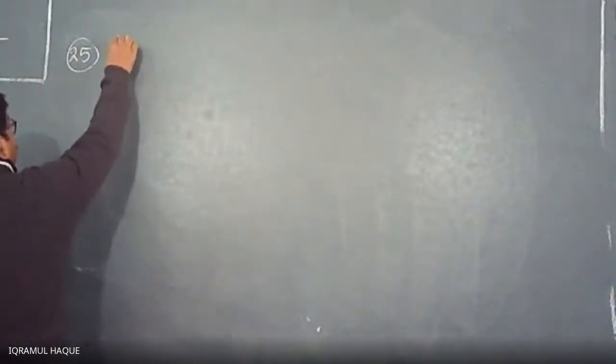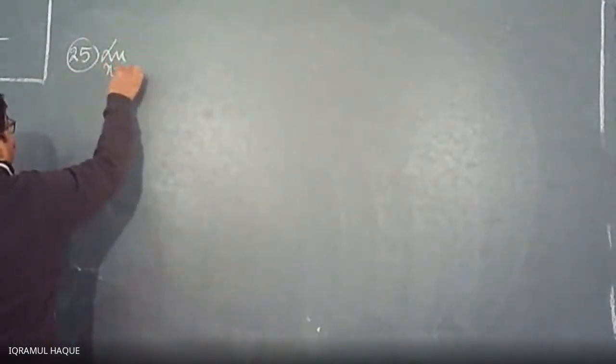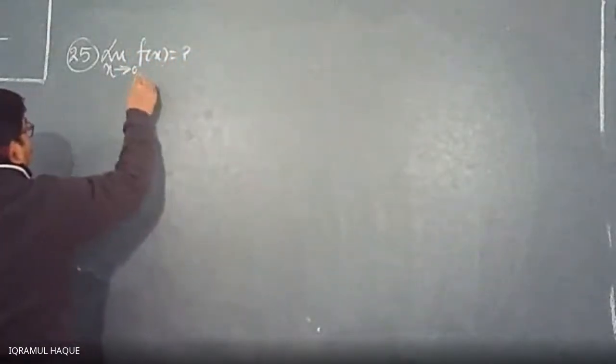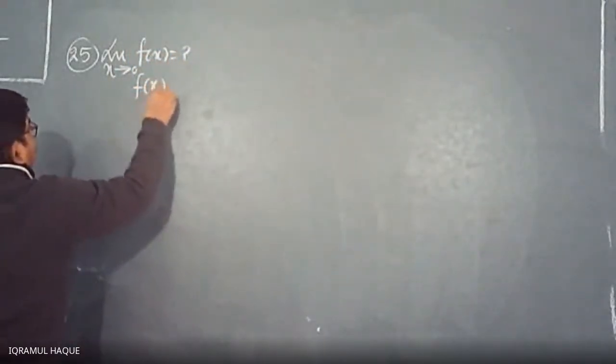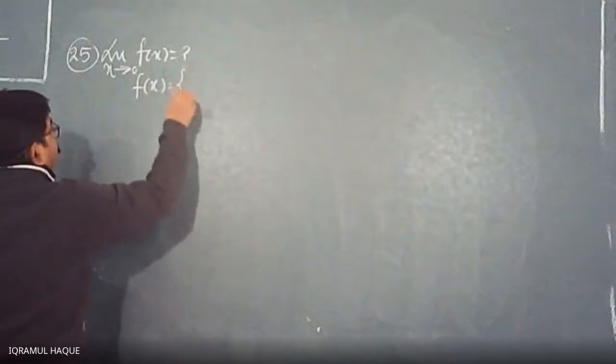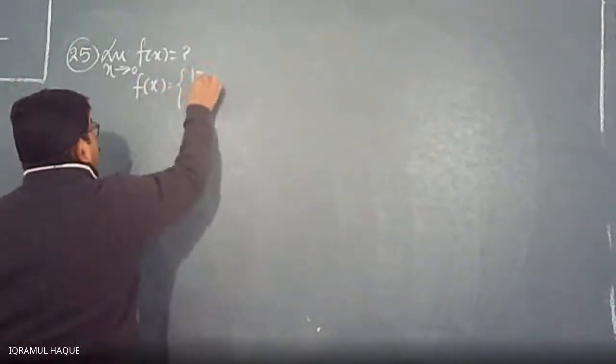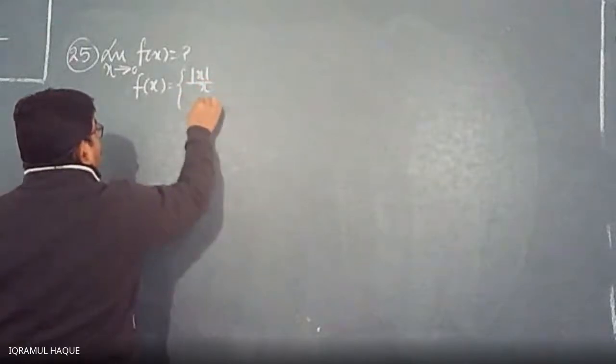In question number 25, we have to find the value of limit x tends to 0 of f(x), and f(x) is given as mod of x upon x when x is not equal to 0, and 0 when x is equal to 0.